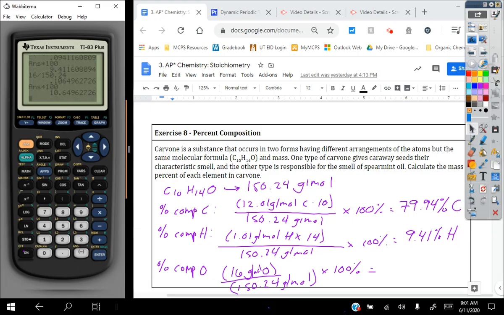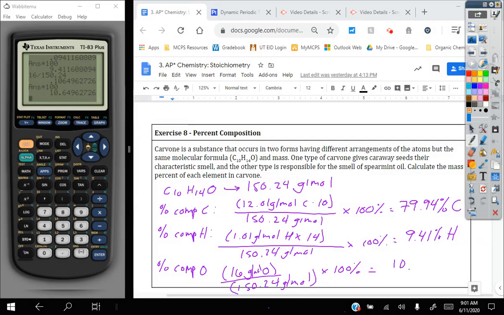And that's a really interesting figure too. So 10.65% oxygen. So believe it or not, there's actually more oxygen by mass than hydrogen, even though there are way more atoms of hydrogen in my compound.